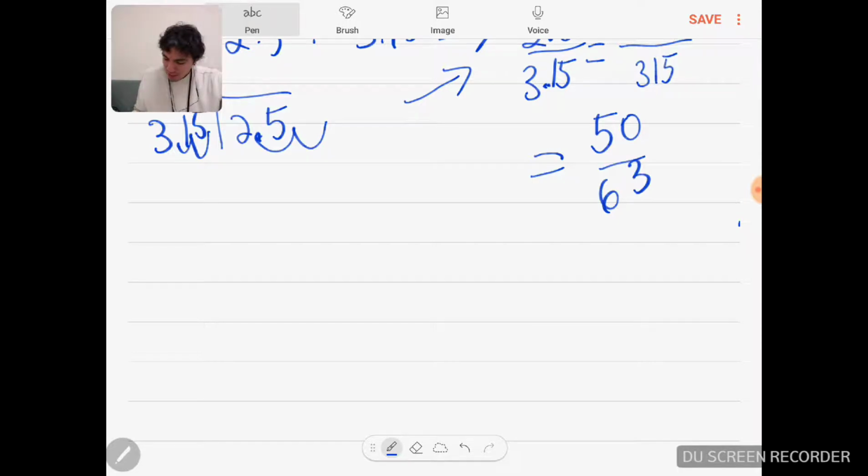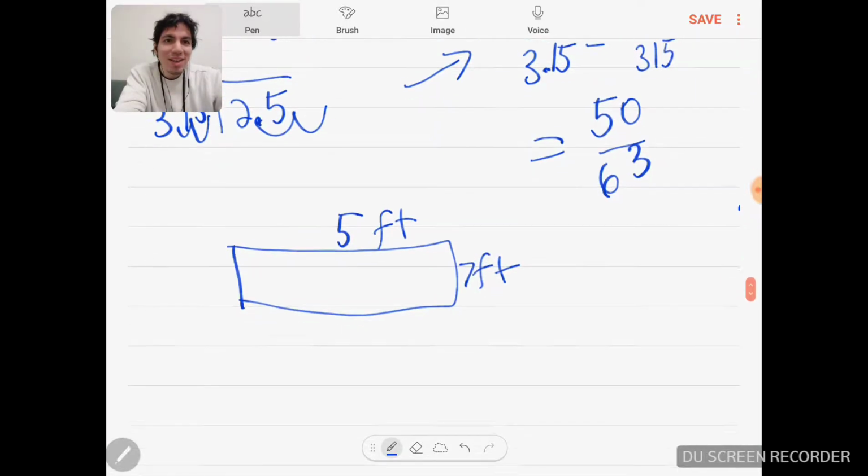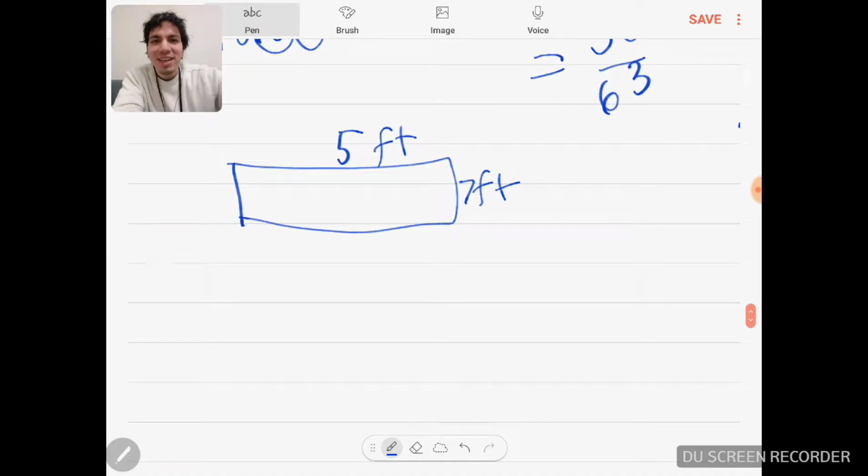Okay? Now, let's use something different. Let's say I gave you a rectangle. Let's say this is 7 feet and this is 7 feet, and 5 feet and 5 feet.